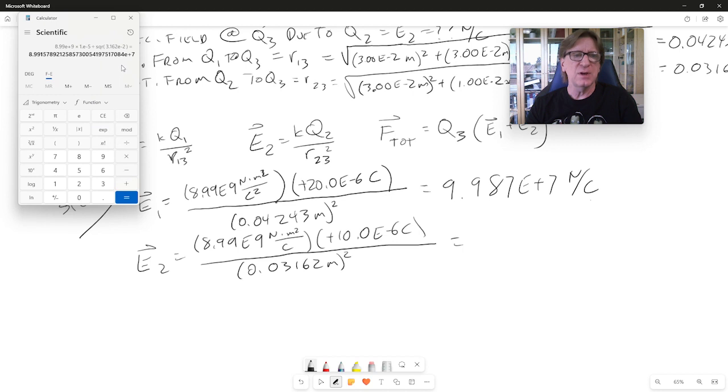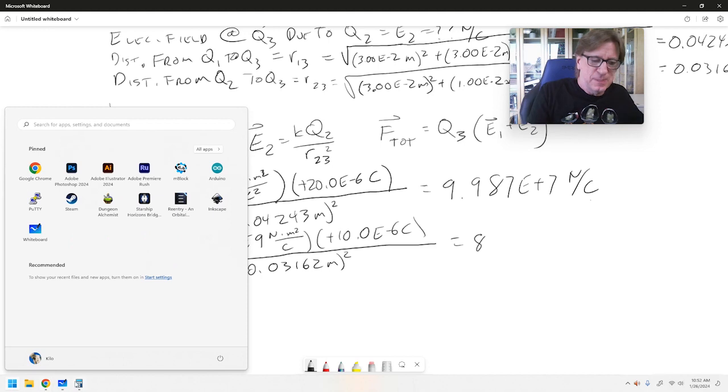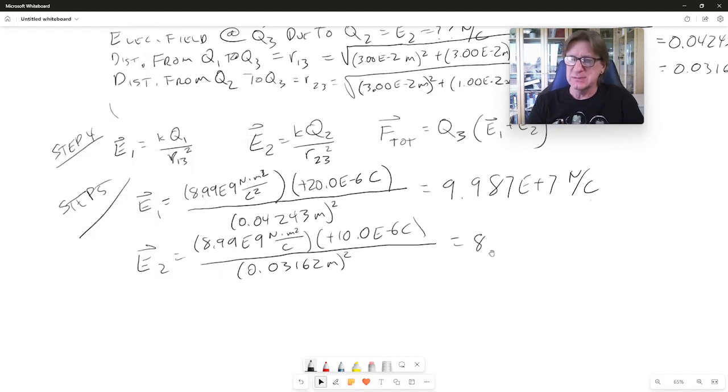Again, now we've got this other great big huge number, but it's basically going to be 8.99, but I don't remember what the fourth digit was. 8.992 e to the positive 7 newtons per Coulomb.